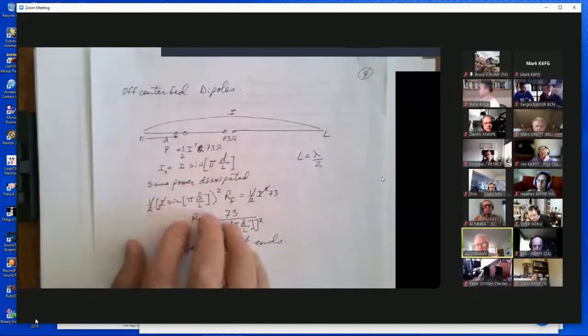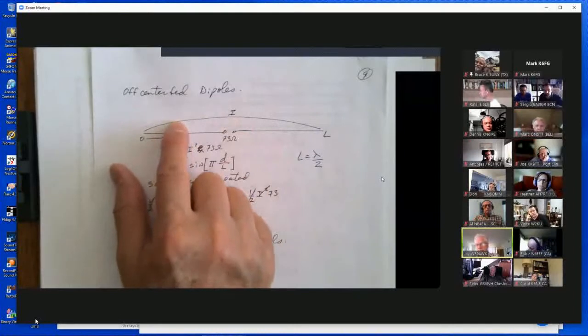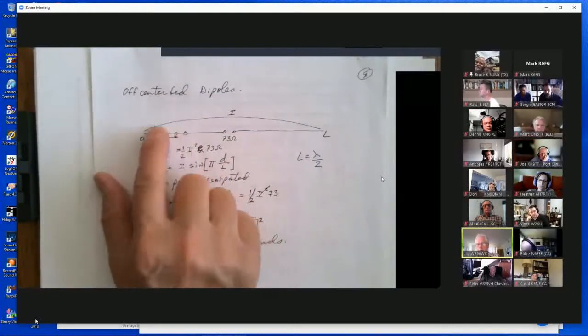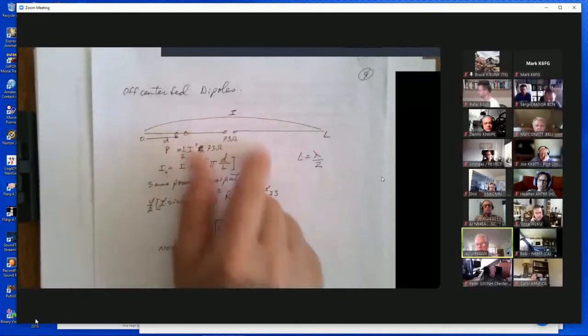And if you work this out, you can say, well, if I feed current at this point, I will get this current distribution, it turns out, and I will get the same radiation.